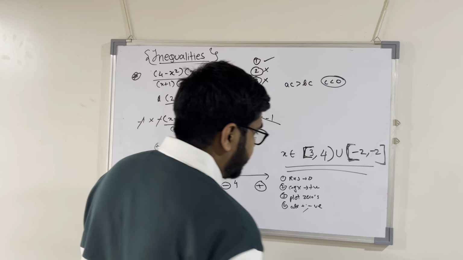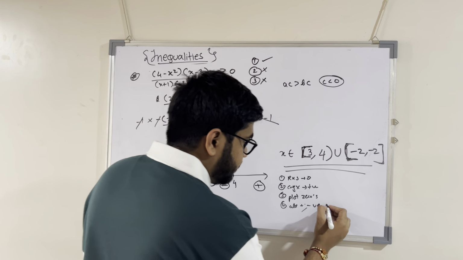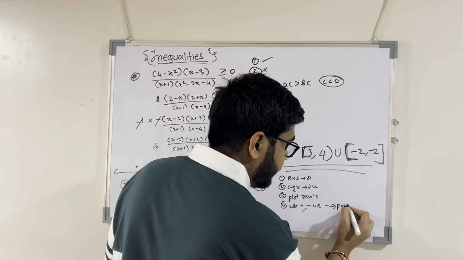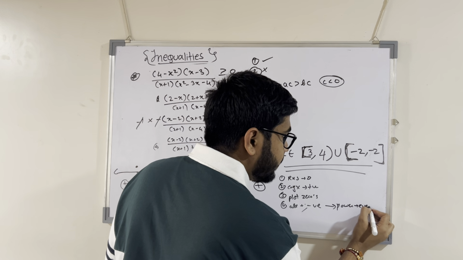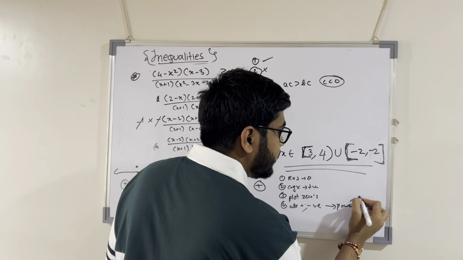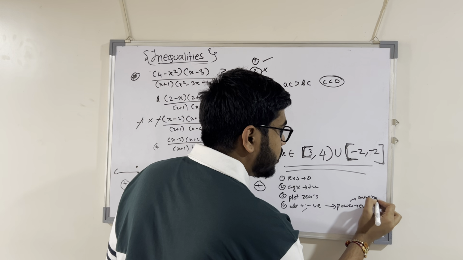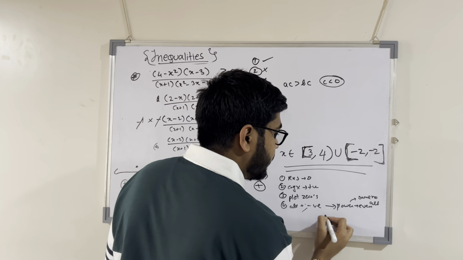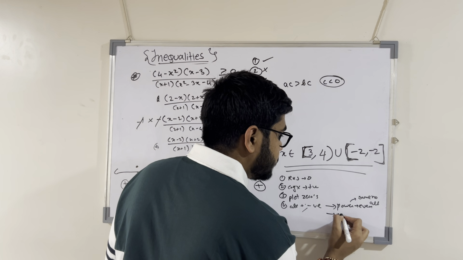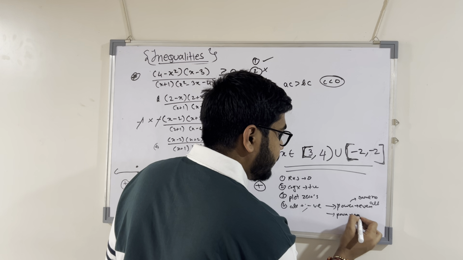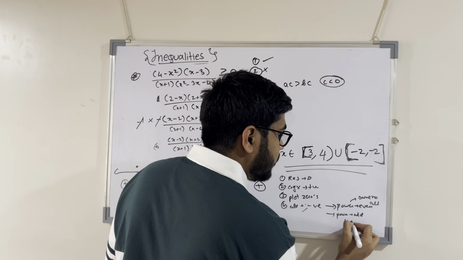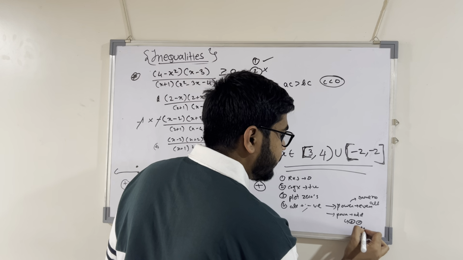The only thing you have to remember is, if the power is even, keep it the same, no alternation. If the power is odd, it will be positive negative, it will alternate.